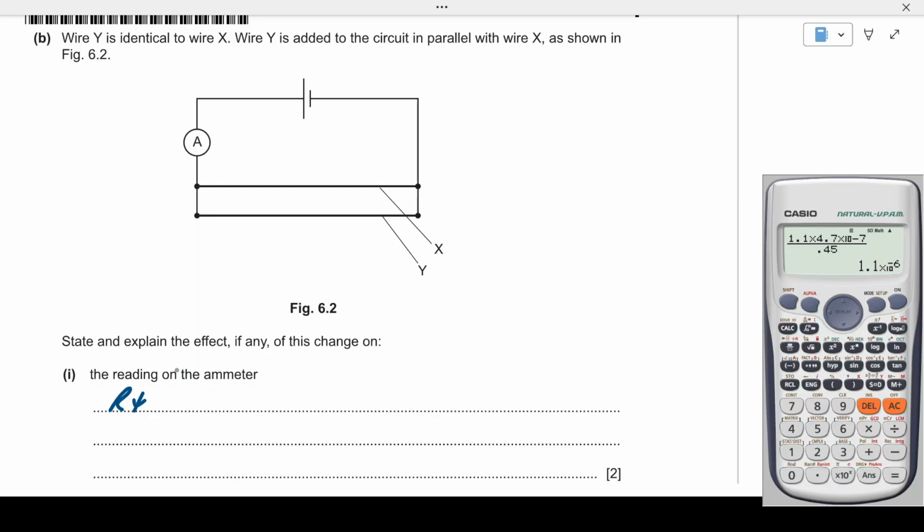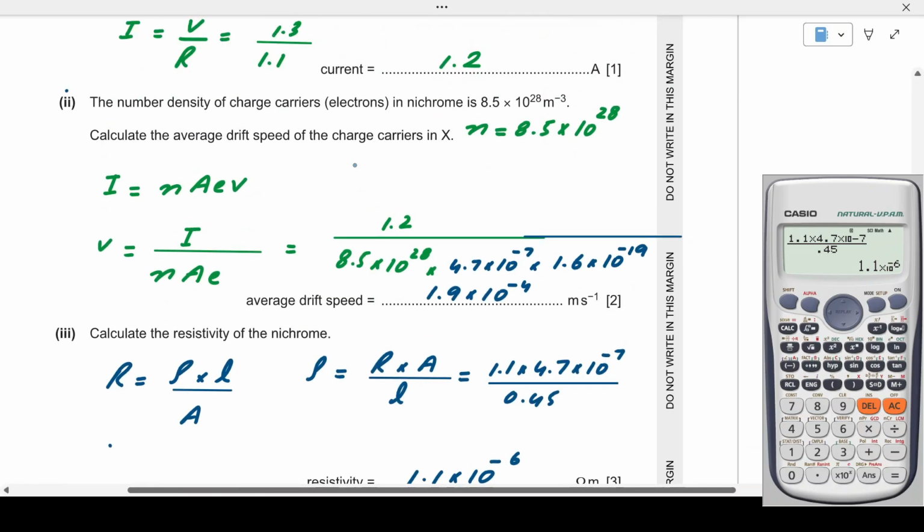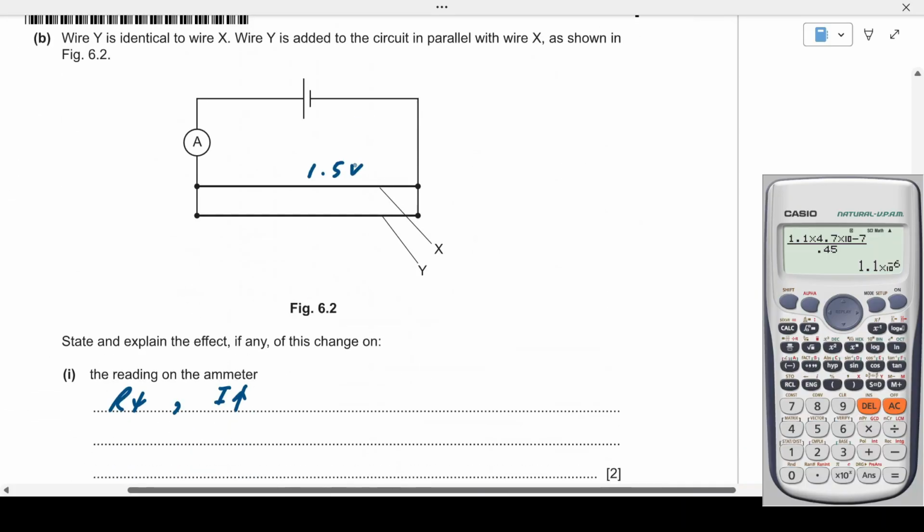You can also write this thing: because when we add resistors in parallel, the total resistance decreases, the current in the ammeter will increase. And voltage, by the way, will remain same. You have added two resistors in parallel, the voltage across both of them will be 1.3, equal to the EMF of the battery. 1.3 across the first one, 1.3 across the second one, or you can say the voltage of the battery is also 1.3.